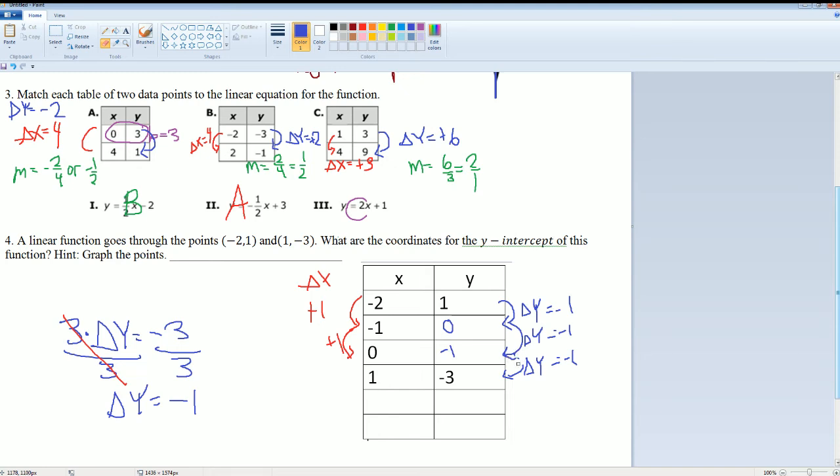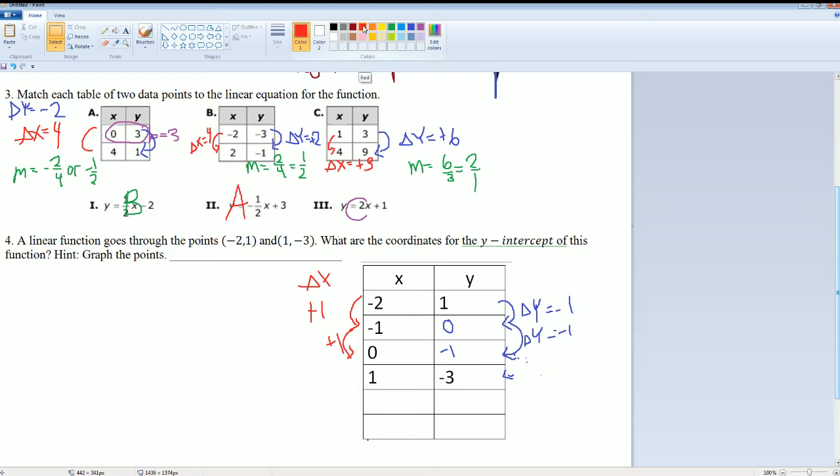Maybe there's only 2 delta y's. Let's just erase all this. This is wrong. You're going from here to here. Give me a second to think, okay?